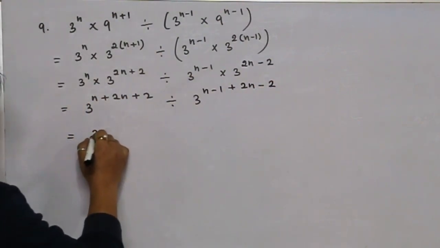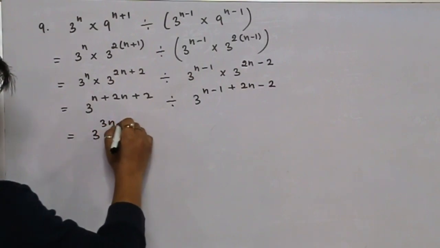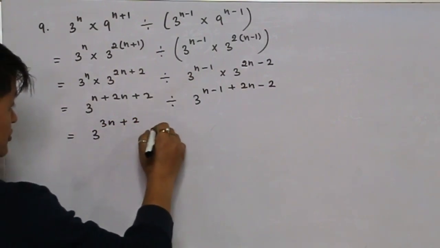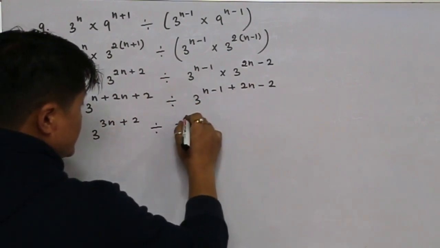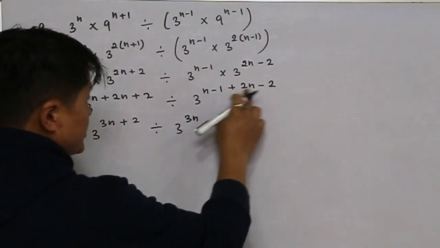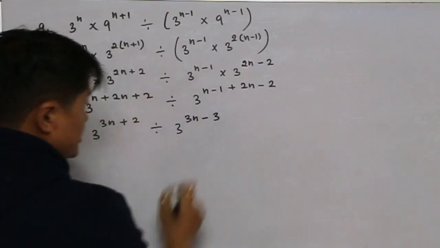This will become 3 to the power 3n plus 2 divided by 3 to the power 3n, both are minus, this will be minus 3.